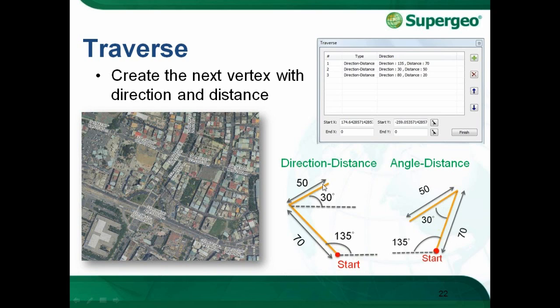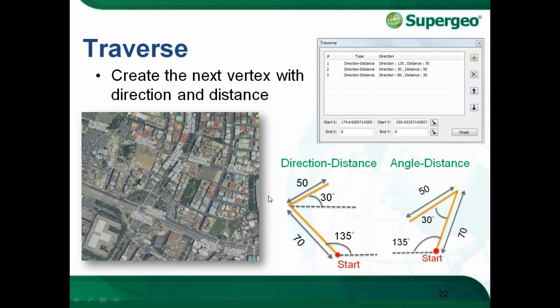Then add another vertex by giving the direction and the distance, and it will become a line feature with precise mapping. We provide two methods: one is direction distance, and the other is angle distance.